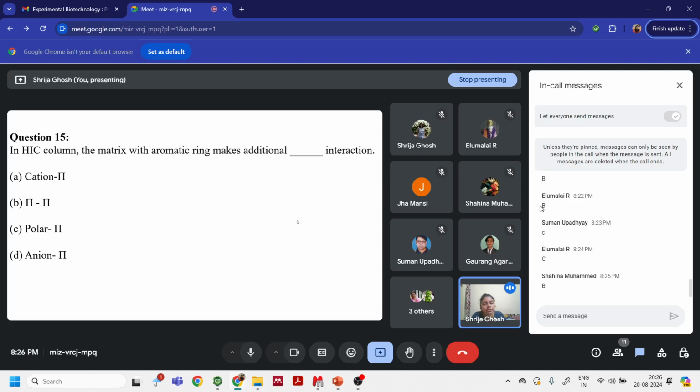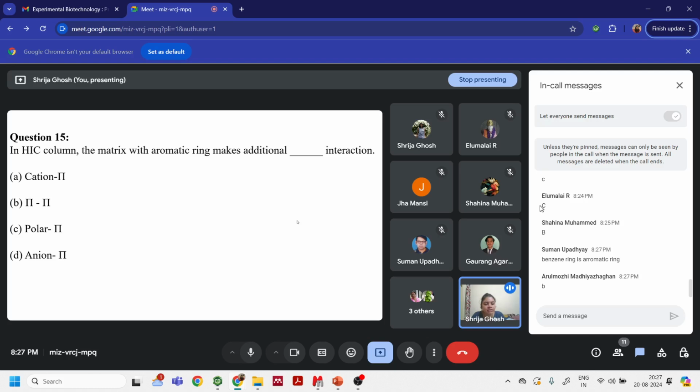So what kind of interaction can you have with an aromatic ring? What do you mean by aromatic ring? Benzene ring is an aromatic ring.